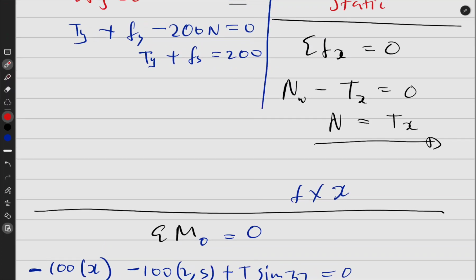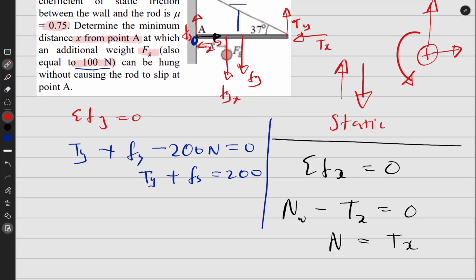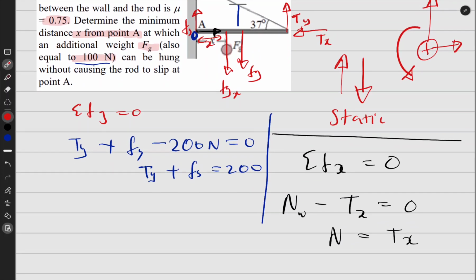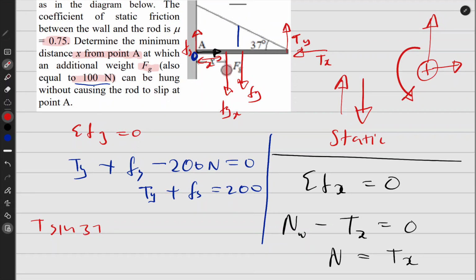Okay, we know that here we have something about T. I don't know what to do with it, but it's there. Okay, let me come back here. I had Ty. Where is Ty? Here is Ty. It's obviously the sine, because it's the opposite, so it's going to be T sine 37, and plus friction. What is friction?